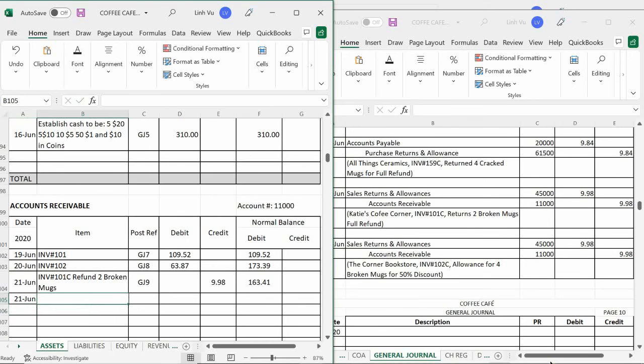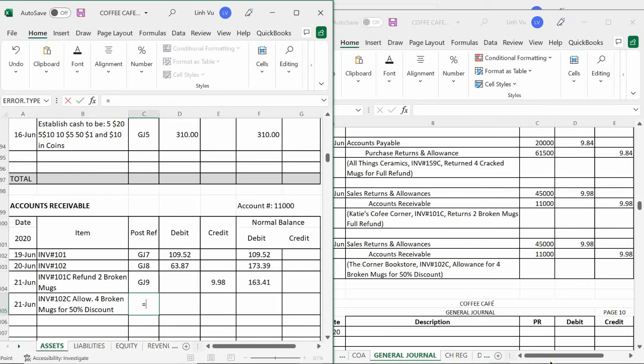Same thing. Invoice number 102C, allowance for broken mugs for 50% discount, which is going to be $9.98.